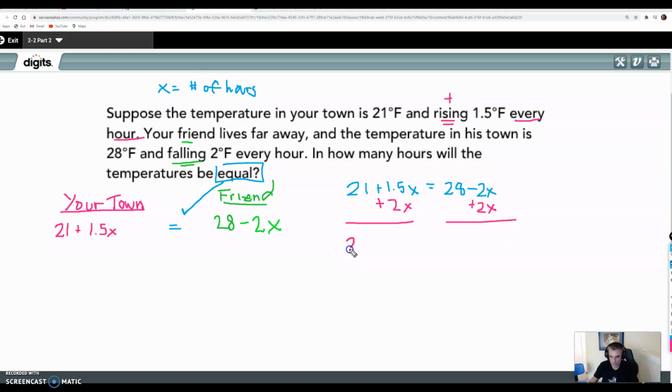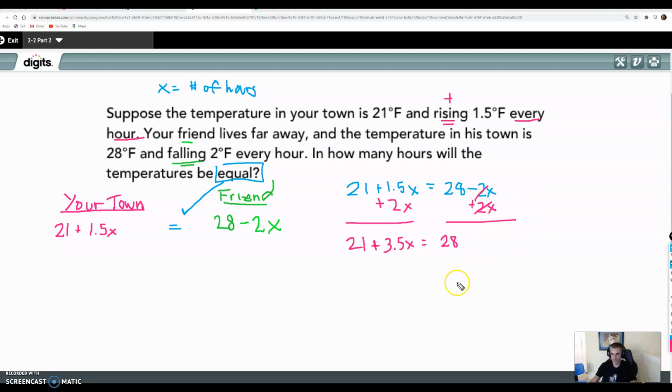All right. I still have 21. 1.5x plus 2x is 3.5x, right? Basically, we're just doing 1.5 plus 2, but we're talking about x's. So I have 3.5x is equal to, nothing happened to my 28, and minus 2x plus 2x, those cancel.